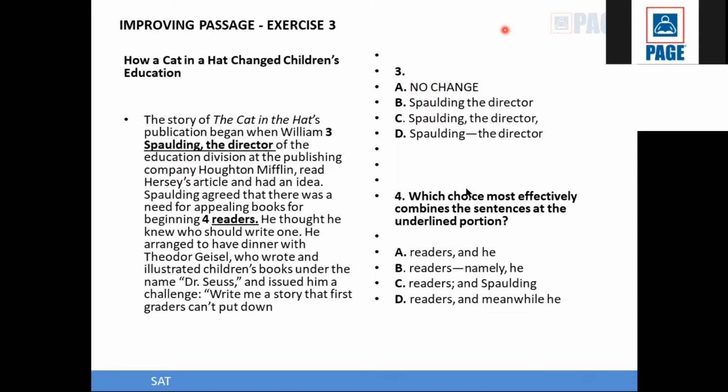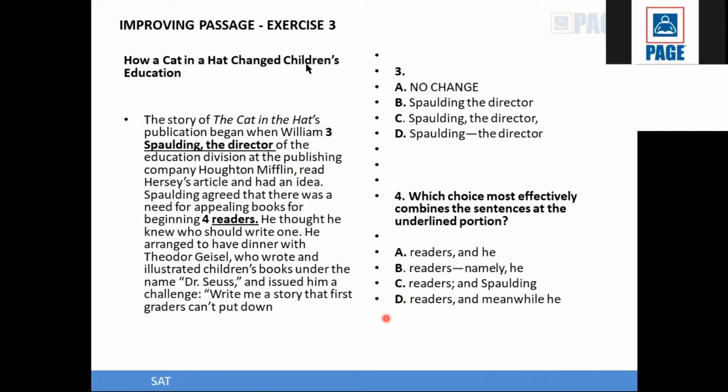D cannot be the answer because when you say Spalding hyphen, then you're going to elaborate more. So the director of the education division of the publishing company, full stop. It is just explaining who he is, not more than what is done. There is no other explanation about him.